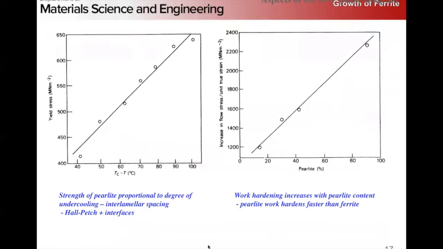So the strength of the pearlite is proportional to the degree of undercooling, right? And this is completely related to the interlamellar spacing, right? So our strength is going to be dictated by basically Hall-Petch effects. The closer the lamellar layer, the stronger our pearlite is going to be, right?